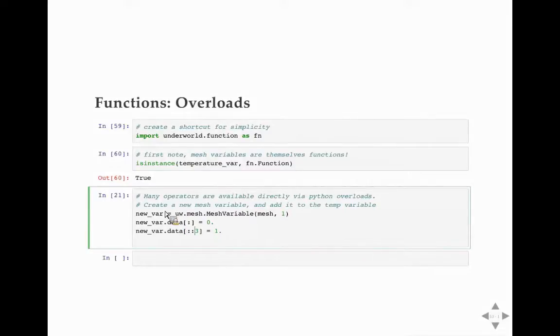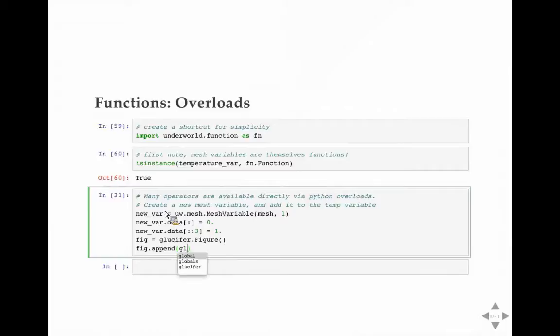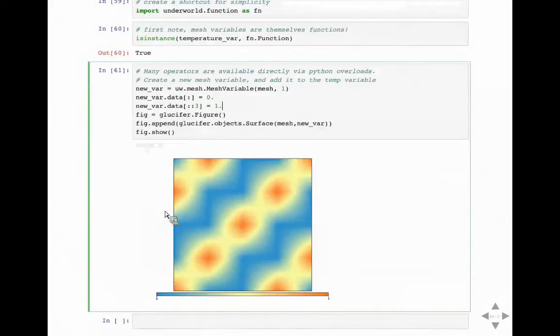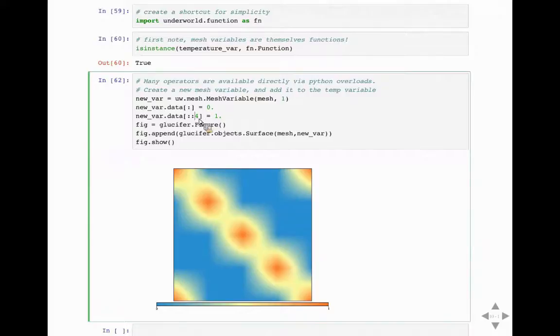So we grab every third item, and we're setting it to a value of 1. Let's have a look at the one we just created there, and so forth.